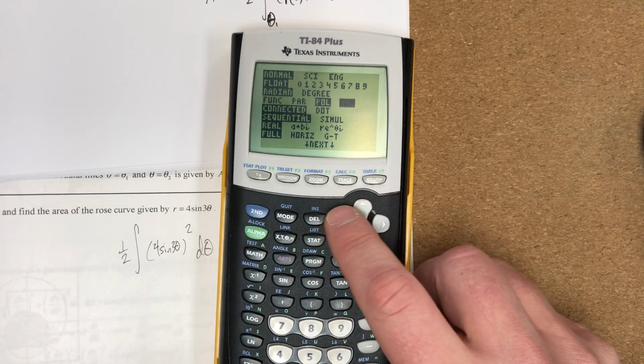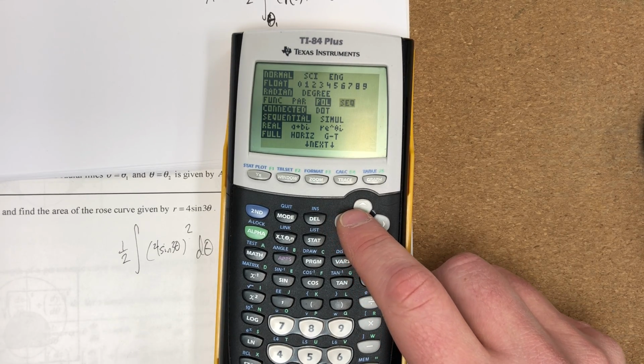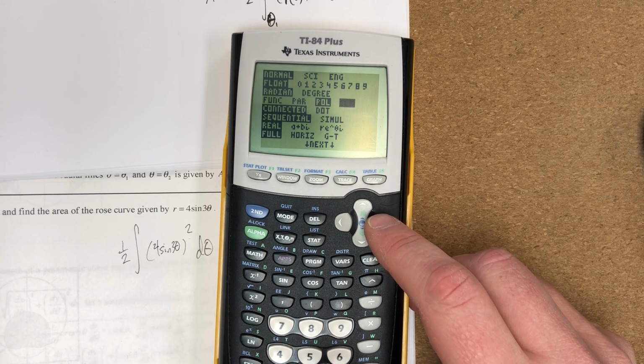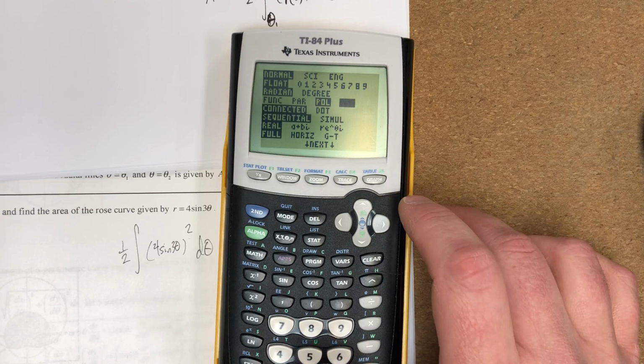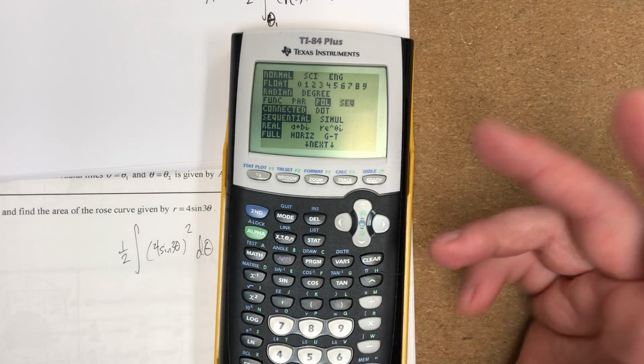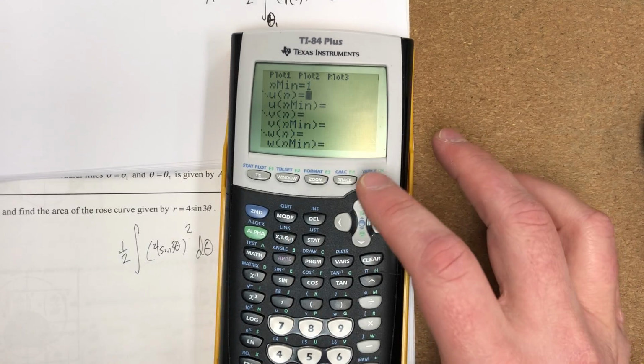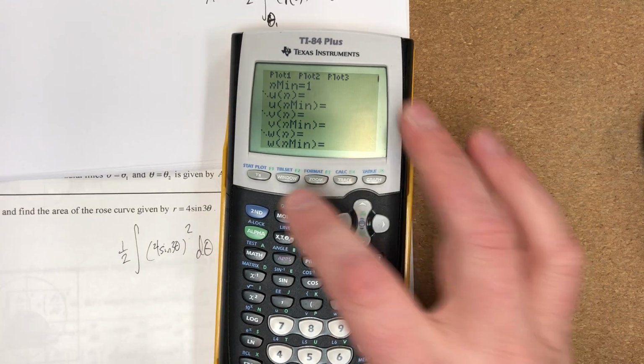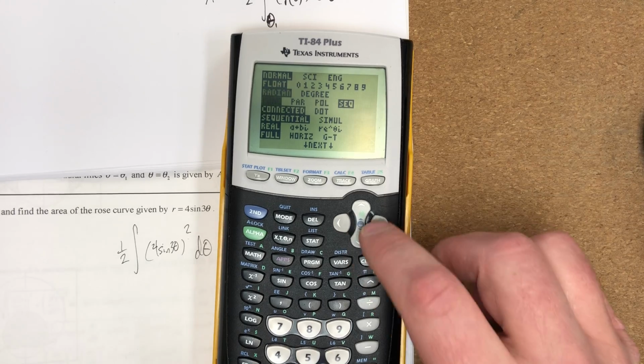Just a heads up, the last one is called sequential. It's normal function graphing, it'll just graph one after the other. I think, oh no, I don't remember. Oh wait, it deals with sequences. All right, hey, I'm not restarting the video.